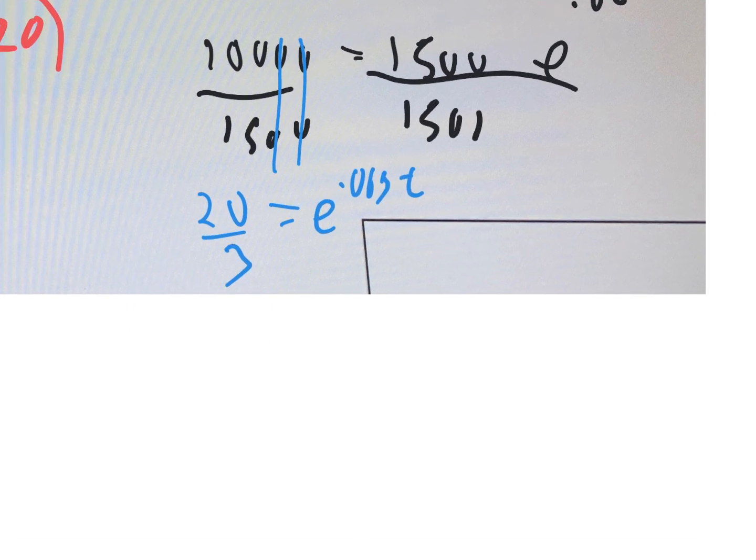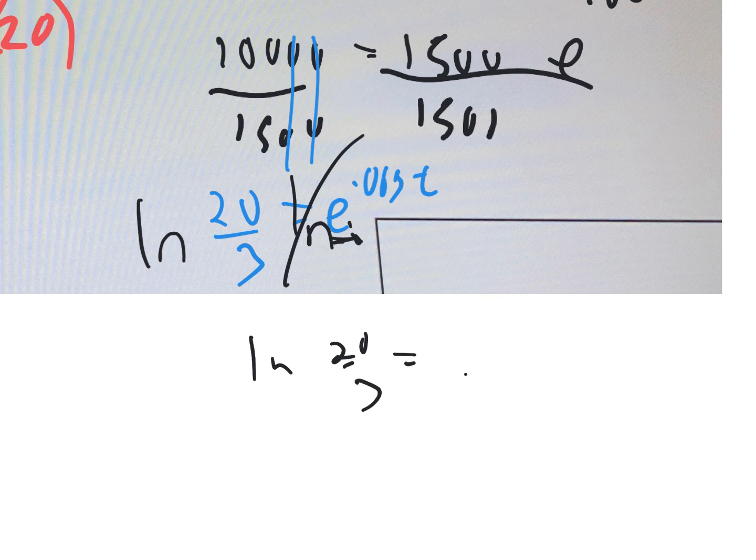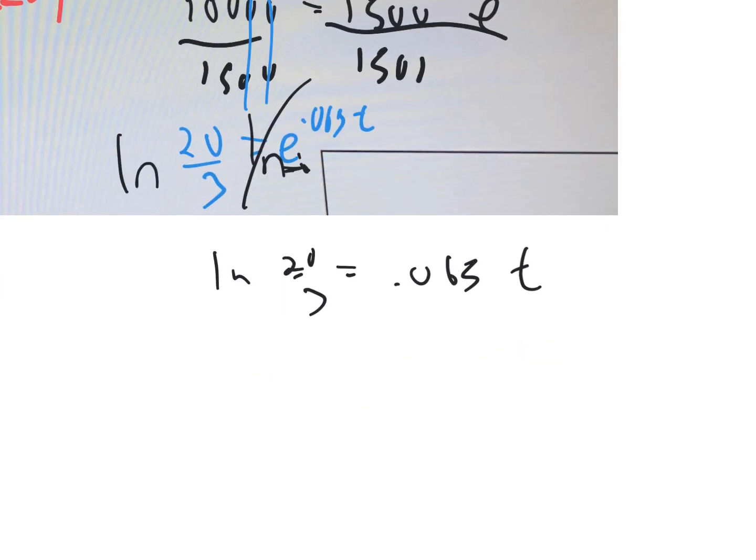Aren't I going to do natural log again to both sides to get rid of E? That's how you get rid of E. Natural log both sides. That cancels out, leaving the natural log of 20 over 3 equals 0.065t. What's my next step?